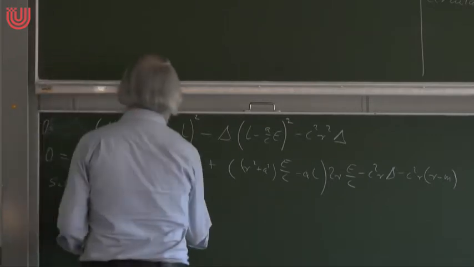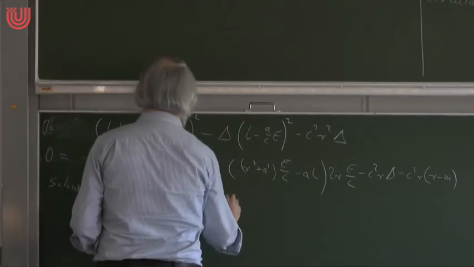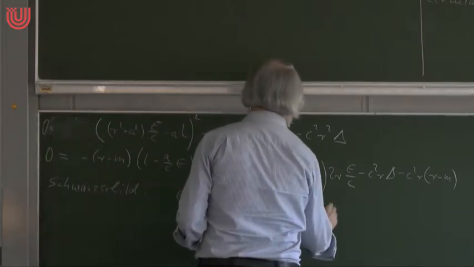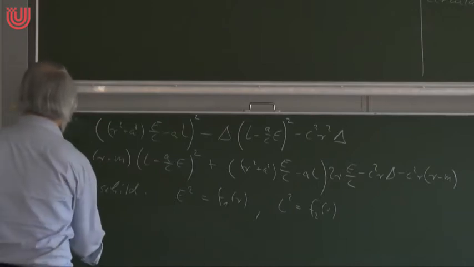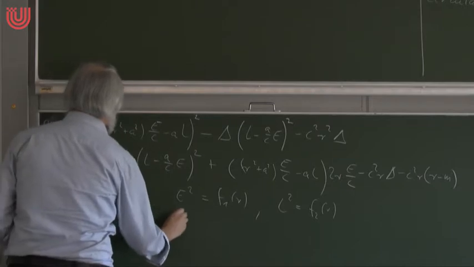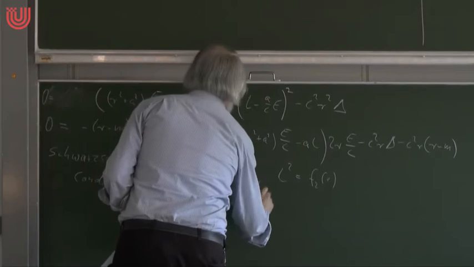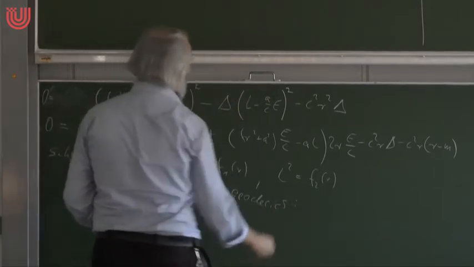we got equations of the form, and actually we calculated them. E squared is f1 of r, and L squared is f2 of r. And the condition for circular geodesics was then that these two terms must be bigger than 0.